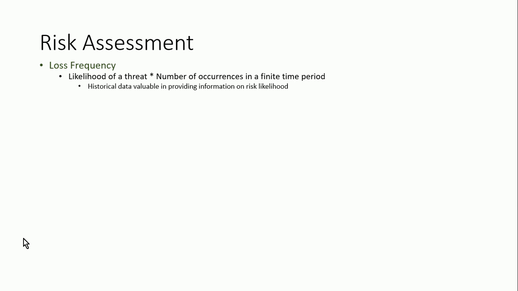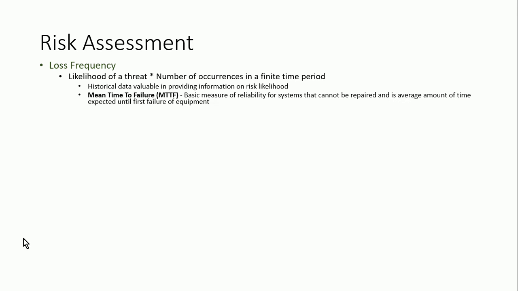And in IT, we have some of that historic data now. 20 years ago we didn't, but today we do have a lot of that historic data. And a lot of times we just have a good feeling. We kind of know, what is the likelihood that someone's going to get a virus or ransomware and so forth and so on. So we could figure that out from historic data. In other words, our previous experience with that risk.